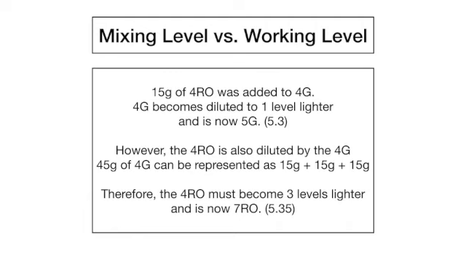So now it's 5G. So it becomes 5.3, 5G. However, the 4RO is also diluted by the 4G. So 45 grams of 4G can be represented as 15 plus 15 plus 15, 3 parts. So therefore, the 4RO jumps up 1 level, 2 levels, 3 levels, and now it's 7RO.